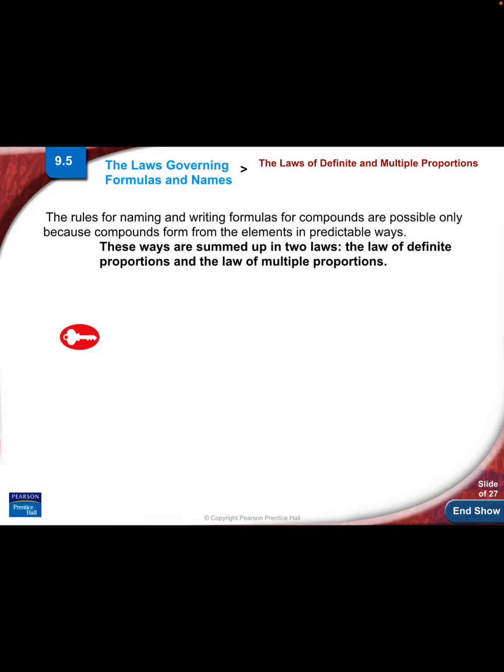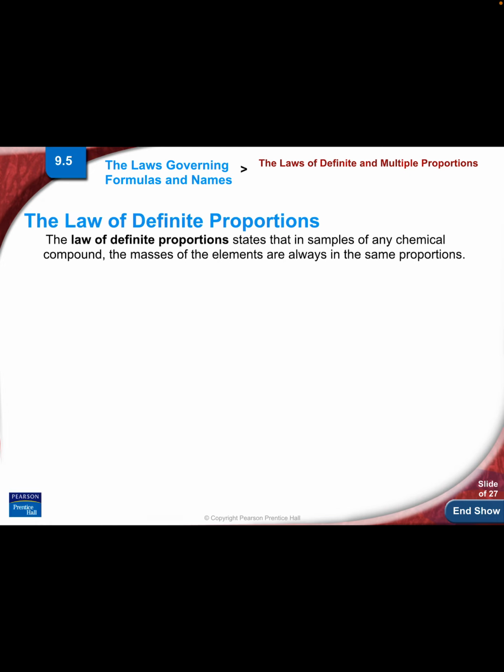We didn't have the uniform naming, the uniform analysis, and the consistent analysis of compounds that we have today. So the 2 laws are the law of definite proportions and the law of multiple proportions. And the law of definite proportions we'll do first.